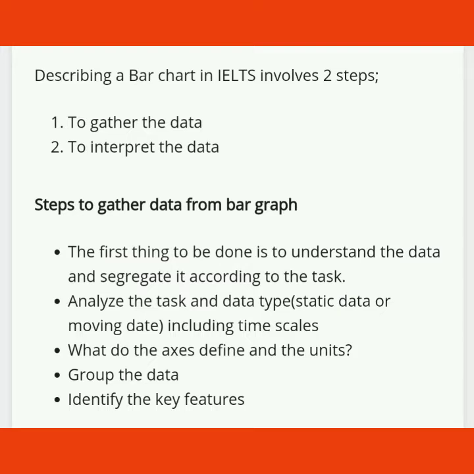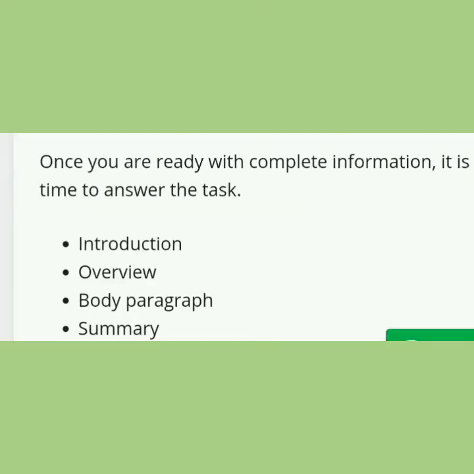Then group the data and after that identify the key features. Once you are ready with complete information, it is time to answer the task. The points are introduction, overview, body paragraph and summary. In these 4 steps, you have to complete your answers.